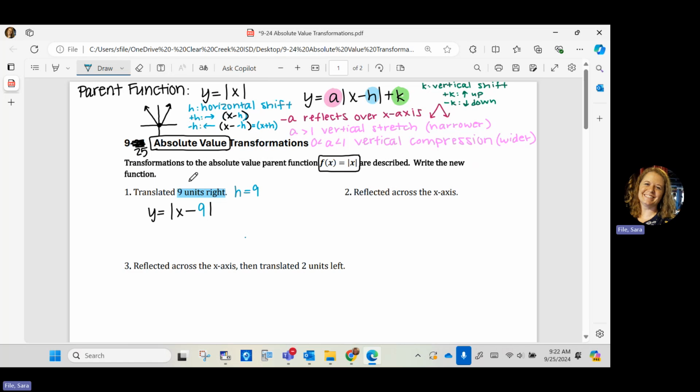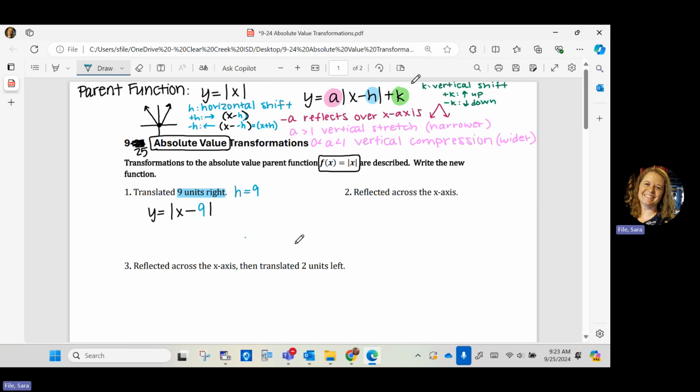Even though it went to the right, in the equation it looks like minus 9 because the minus is already in the equation. There was no other transformation, so a stays an understood 1. And there was no vertical shift, so nothing added on the outside. That's just a plus 0. So the only thing changed there was my horizontal shift. So that is the absolute value of x minus 9.